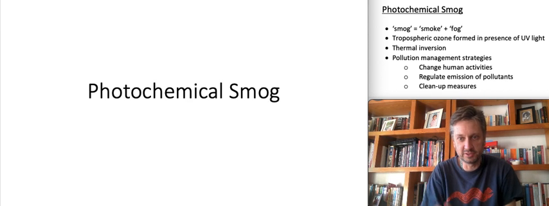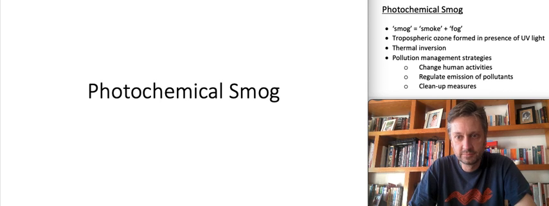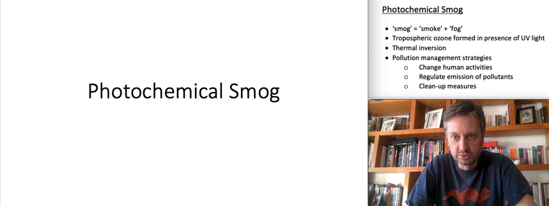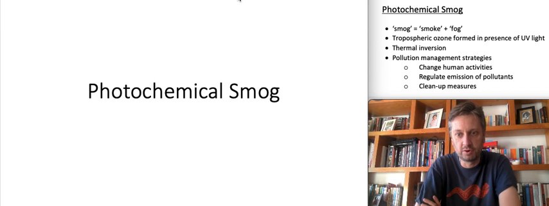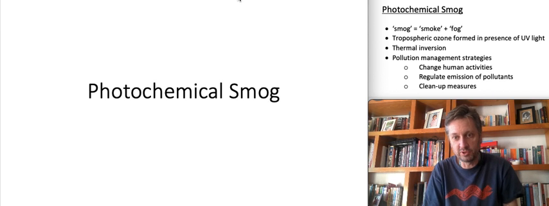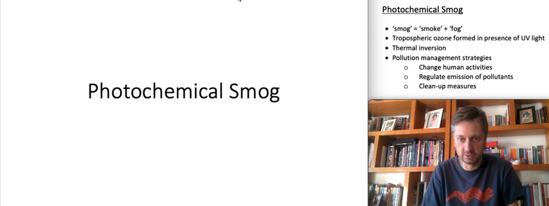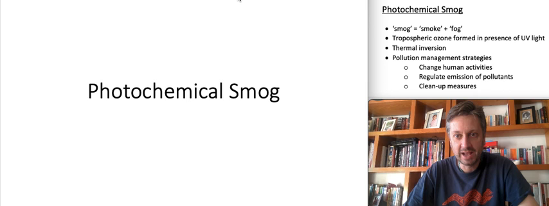So general, in fact, that as you can see from the definition above my head, the word smog comes from two terms: smoke plus fog. Basically, what that means is there's two components of smog. One is gas or gaseous pollutants, and the second one is smoke, which is solid pollutants.